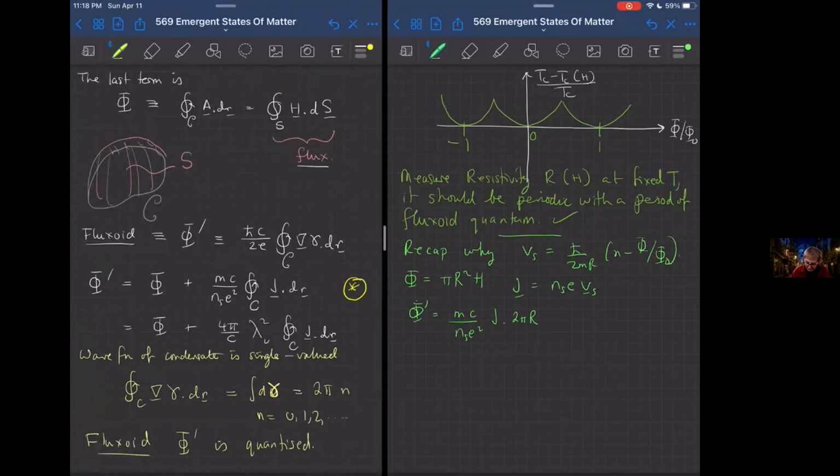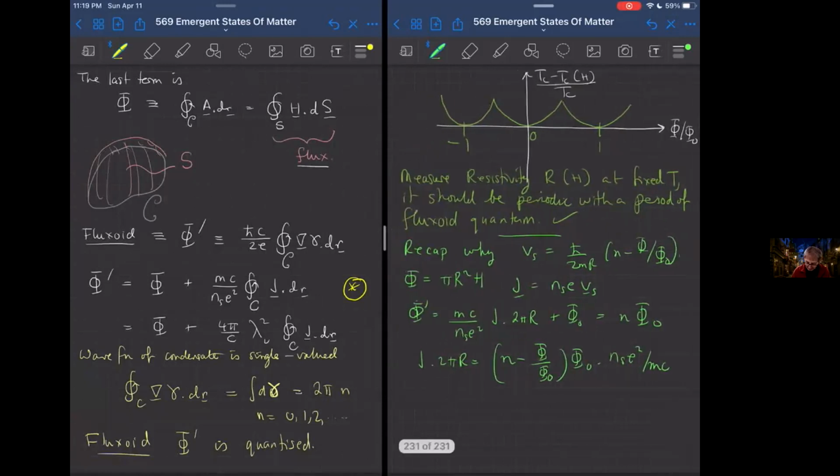So phi is equal to that plus phi naught, and that has to equal n phi naught. And so therefore J times 2 pi r is equal to n minus phi over phi naught times phi naught ns e squared over mc.